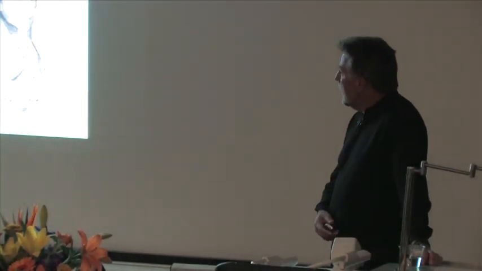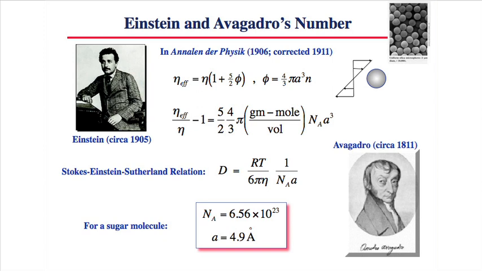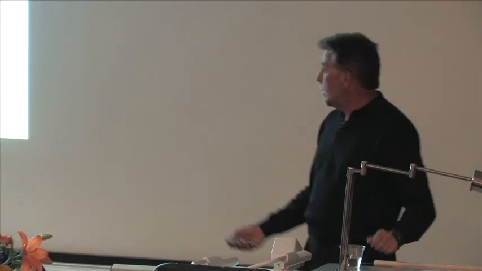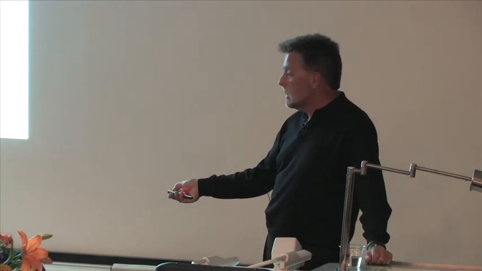The answer is that from the change in the viscosity by adding a bunch of spheres to a fluid, you can get the product of Avogadro's number and the size of the object you've added cubed. And from a measurement of the diffusivity of that same thing, you get the product of Avogadro's number and the size of the object. We're supposed to know the gas constant from kinetic theory of gases. And with those two measurements, we're able to back out Avogadro's number and the size.